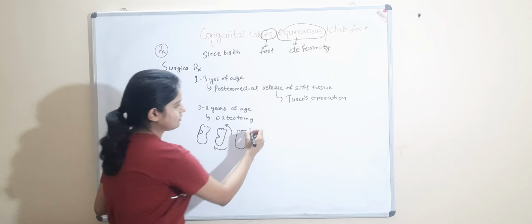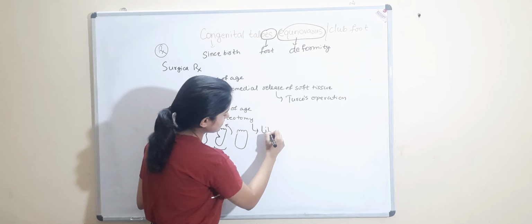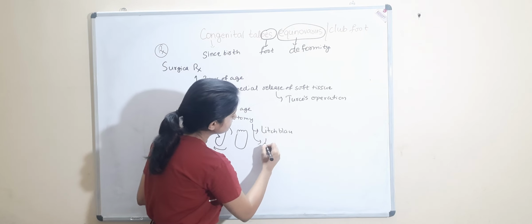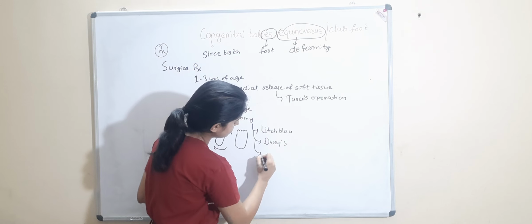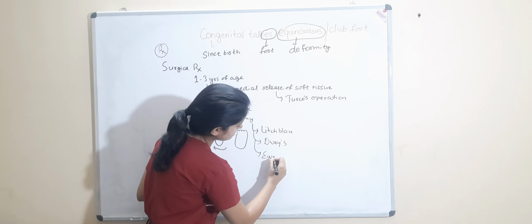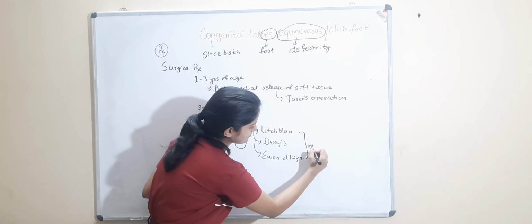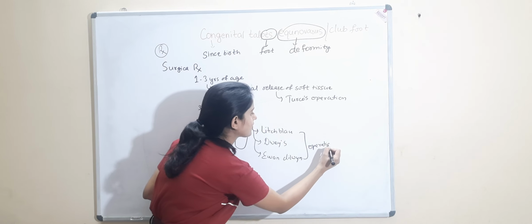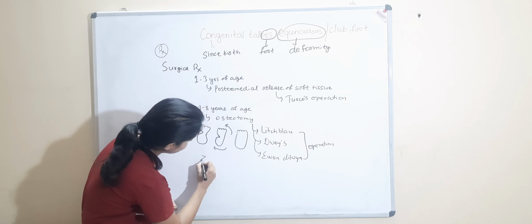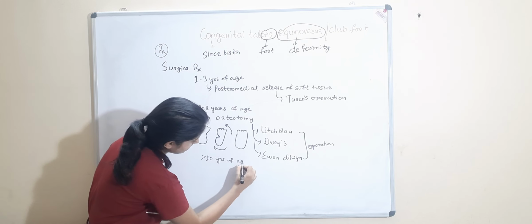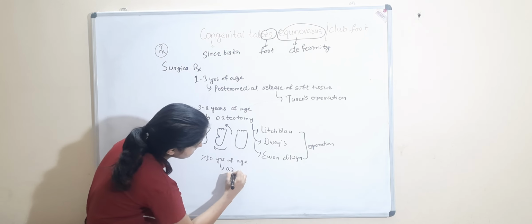For this, the operation names are Lichtblau operation. If the patient is of more than 10 years of age, then we have to perform triple arthrodesis.